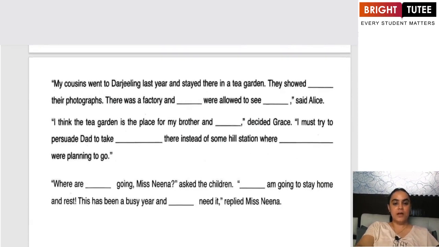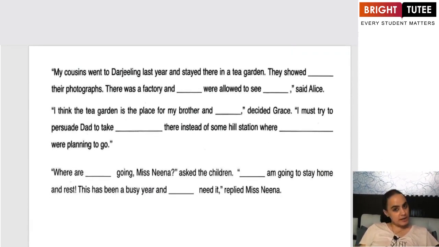Continuing further. "My cousins went to Darjeeling last year and stayed there in a tea garden. They showed us their photographs. There was a factory and they were allowed to see it. Okay, let us move ahead. I think the tea garden is the place for my brother and me," decided Grace.